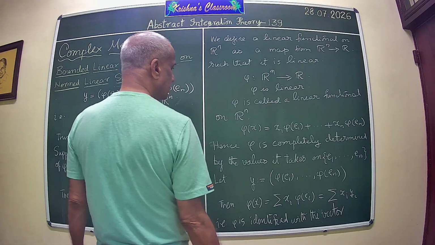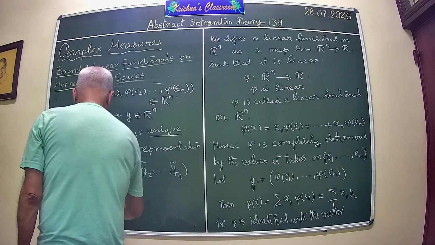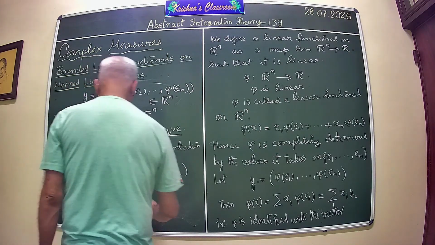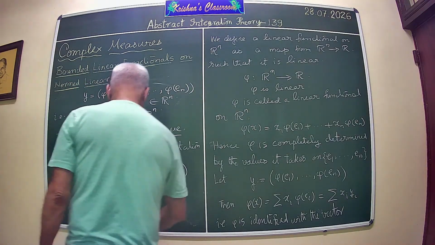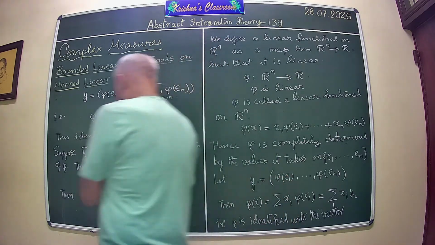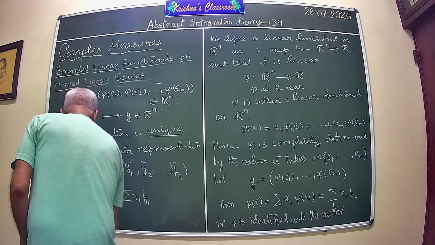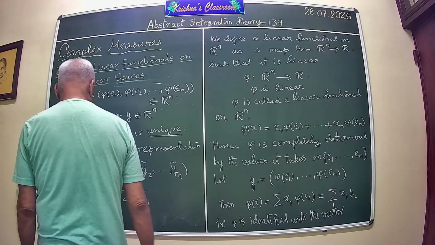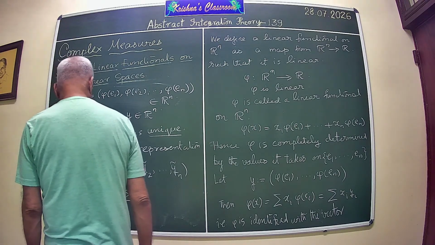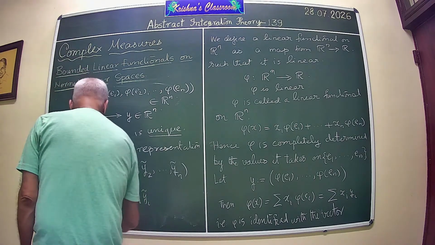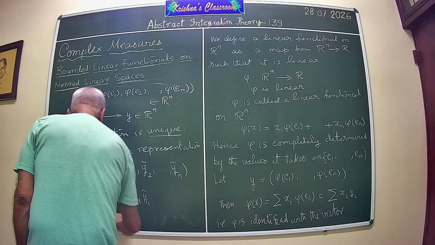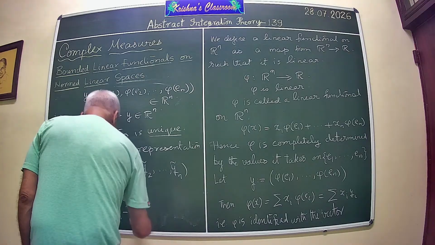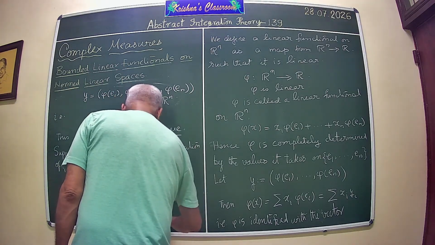Okay. Sigma xi yi equal to sigma xi y tilde i, which implies the difference is equal to 0.